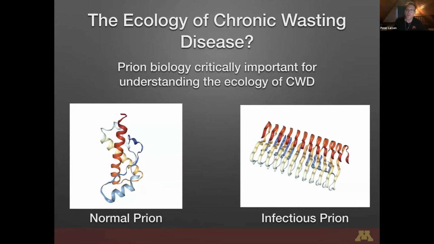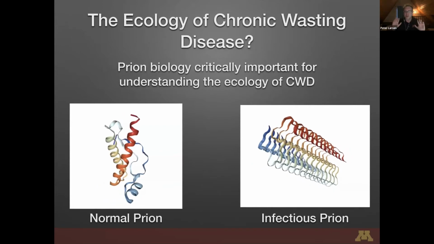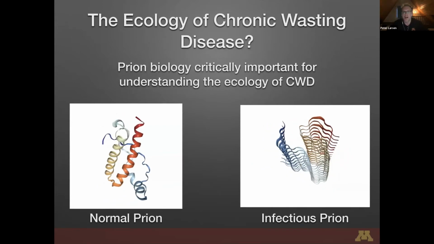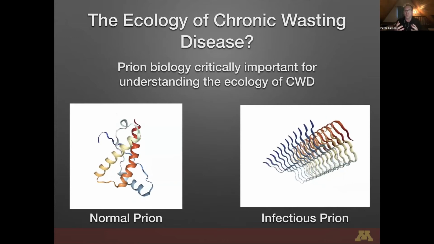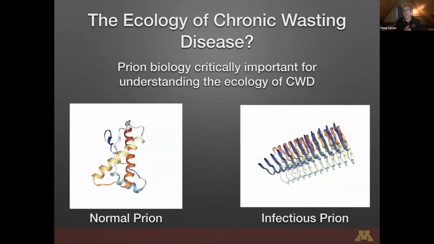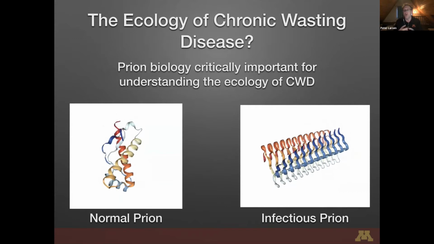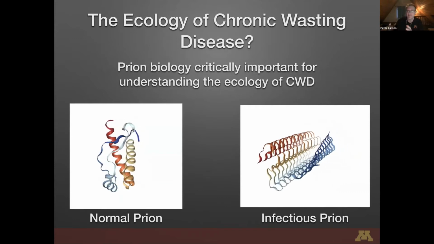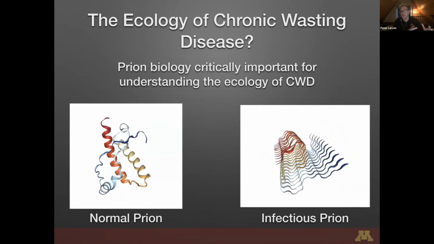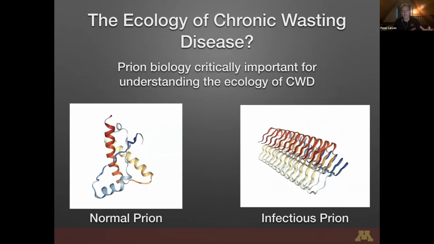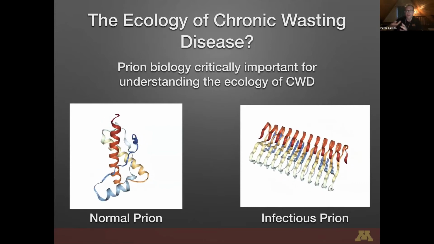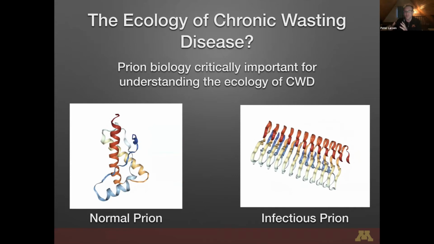Again, it's so important to hammer this home as we go into the downstream slides, because it's really important to have an understanding of prion biology when thinking about how prions can survive in the environment. That left ribbon diagram is a normal prion protein. On the right is the infectious misfolded protein.